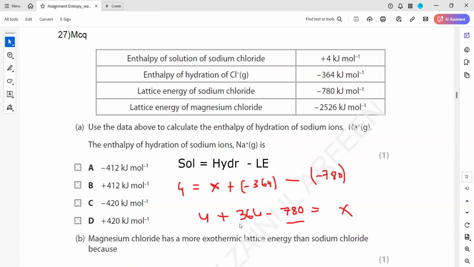This is 780 and this is 364 and 4. So 368 minus 780, it should be negative 412. Negative 412, not 420.